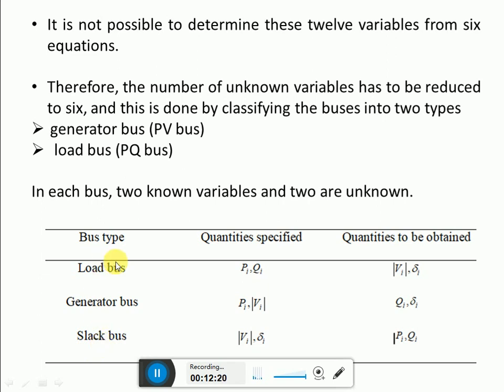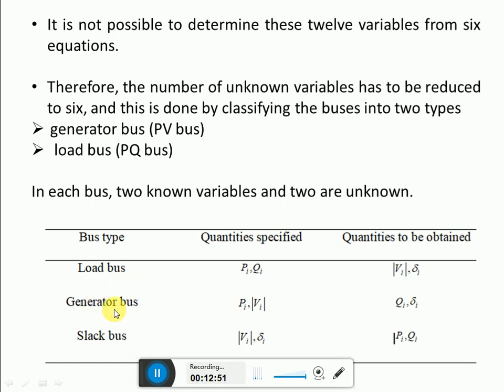As I said, the load bus is the bus where load is connected, and at that bus the power injections, real and reactive power, are the known or specified quantities, and the unknown quantities are V and delta. Most of the buses in a power system network are of this type, almost 85%.